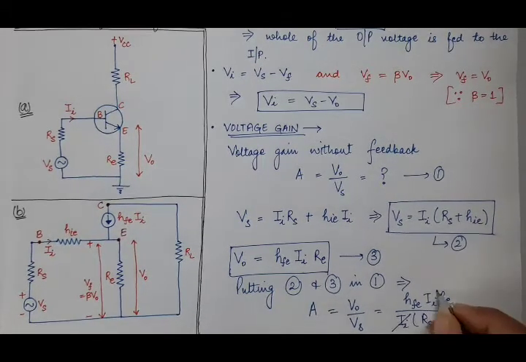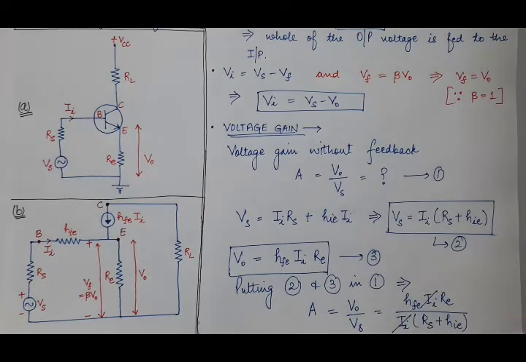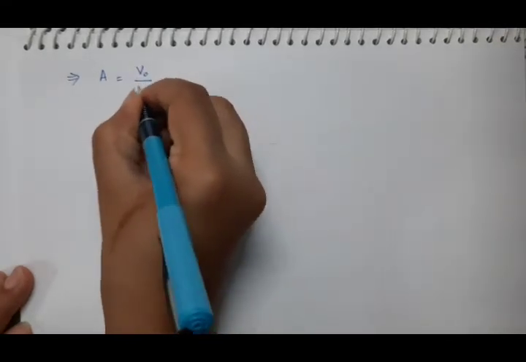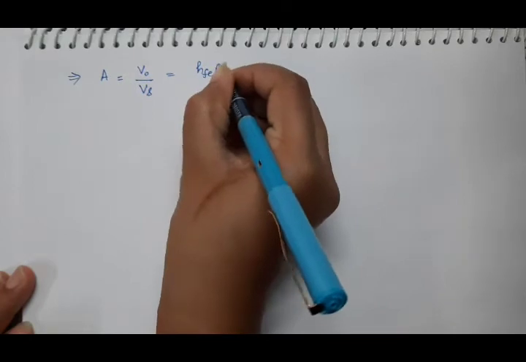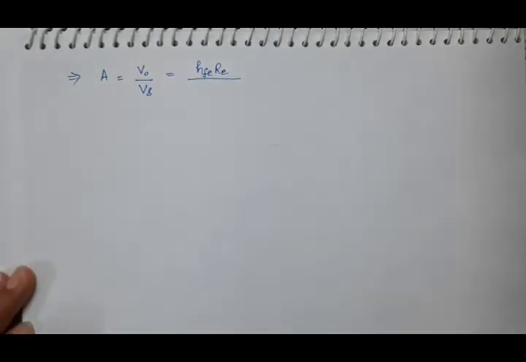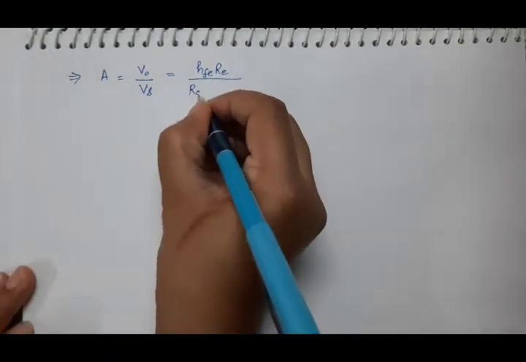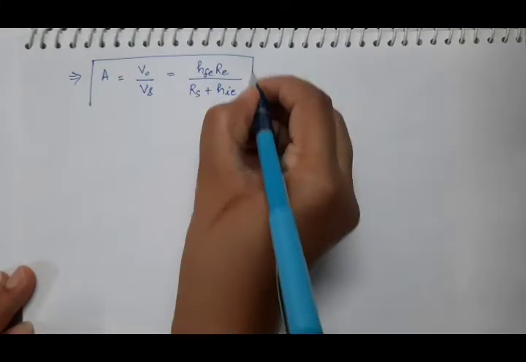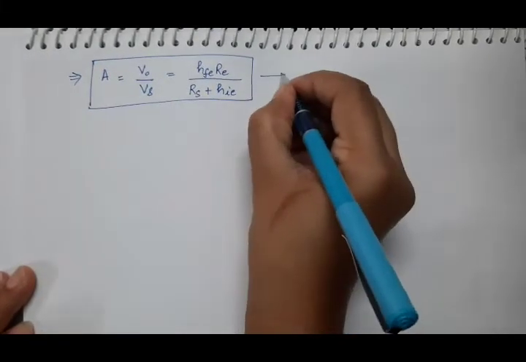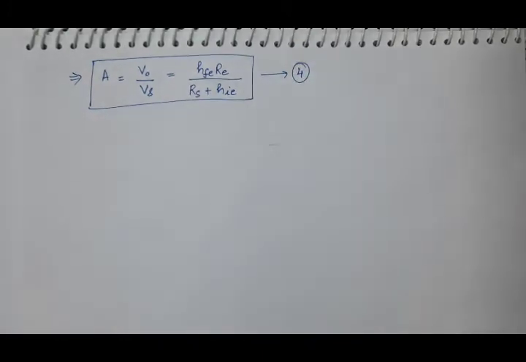So II will be cancelled out. So what will be the value of A? A is equal to V naught by Vs and it is equal to HFE Re upon Rs plus HIE. So this is the voltage gain without feedback, and suppose this is equation number 4th.